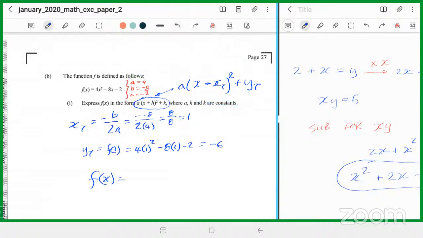I'm going to write the 4 first, times x minus xt, which is 1. Don't forget the square. And then plus yt, which is negative 6. So the plus yt that we want here is negative 6, so we're going to put minus 6. And that is it. We have completed the square.